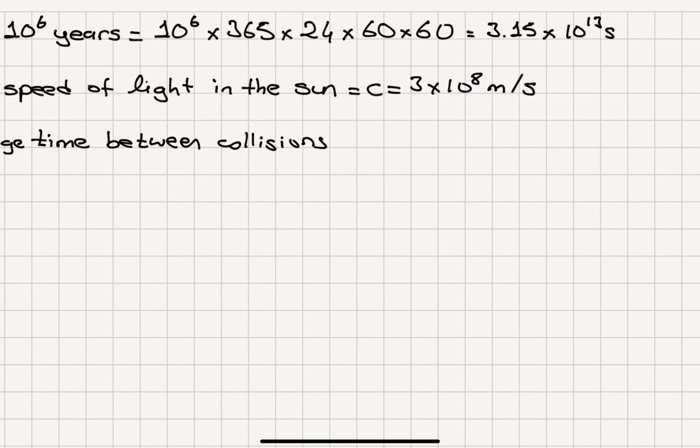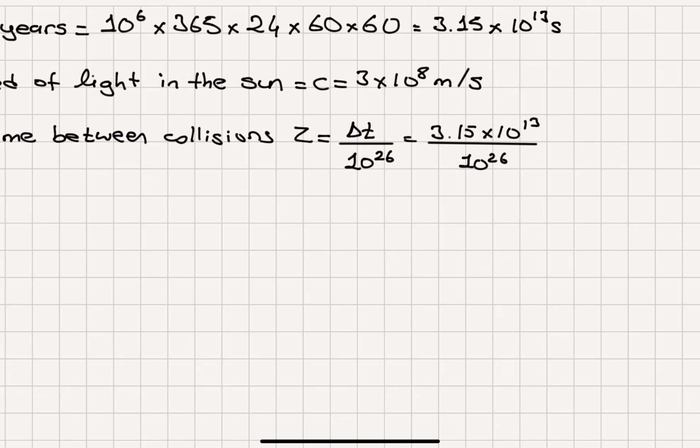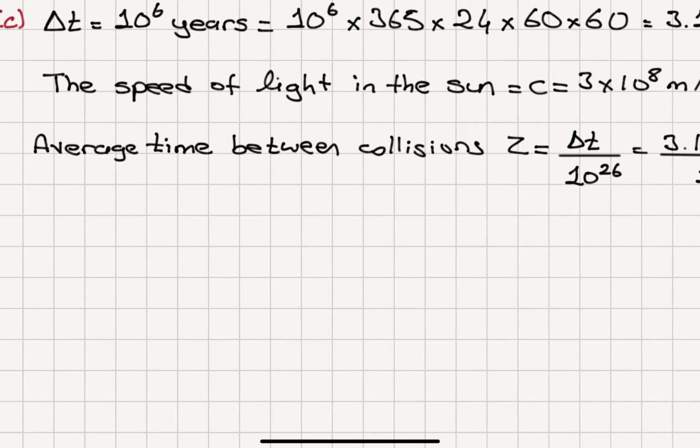Let's call this tau. This is delta t, 10^6 years, and we have a total of 10^26 scattering events. So we have 3.15 times 10^13 seconds divided by 10^26. So this gives us a tau of 3.15 times 10^-13 seconds. So that's the average time between collisions.